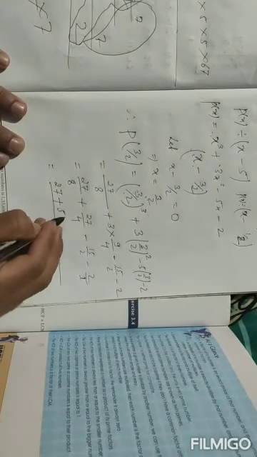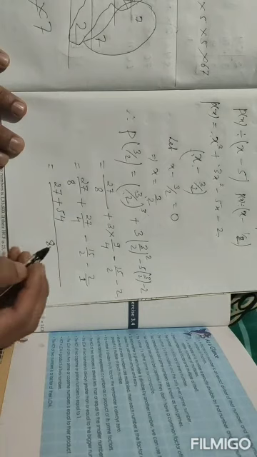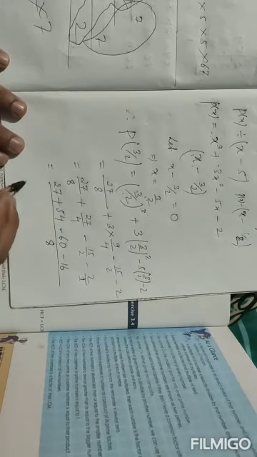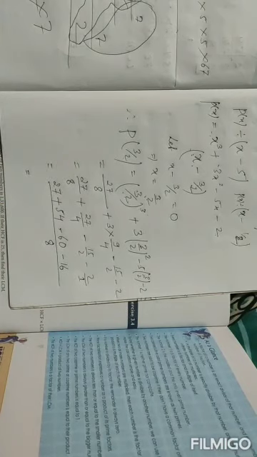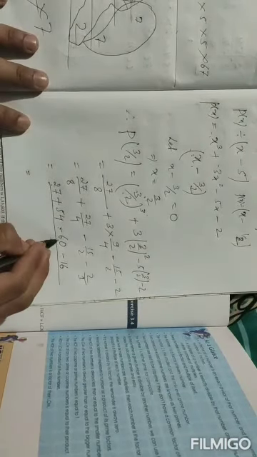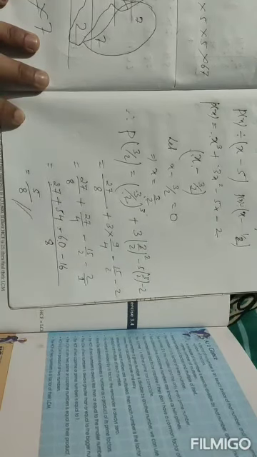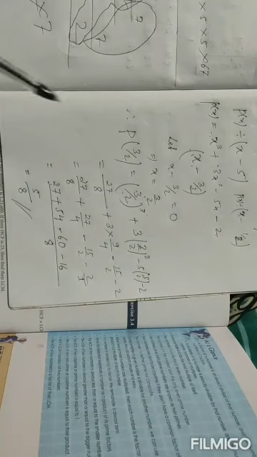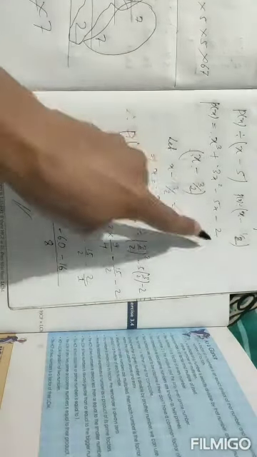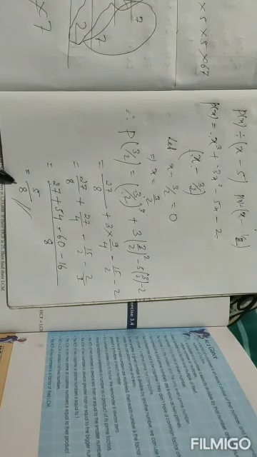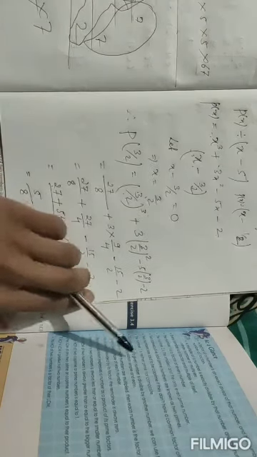Here it will come 54, minus 60, minus 16. So 27 plus 54 is 81, minus 60 is 21, minus 16 is 5. So 5 by 8 will be your remainder. If you divide this polynomial by x minus 3 by 2, then your remainder will be 5 by 8. So this is the remainder theorem.